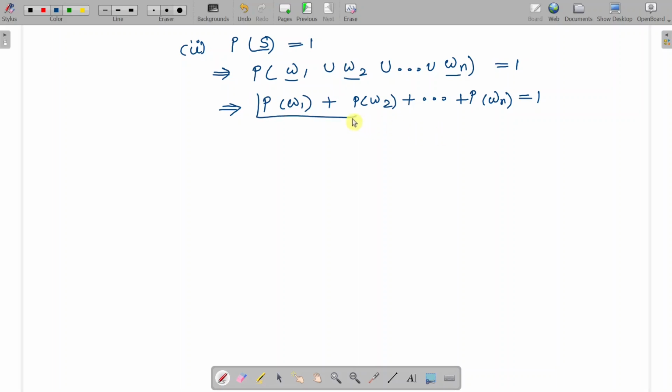This is the second statement. Now the third statement, let us see.